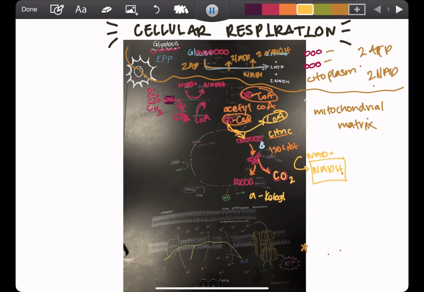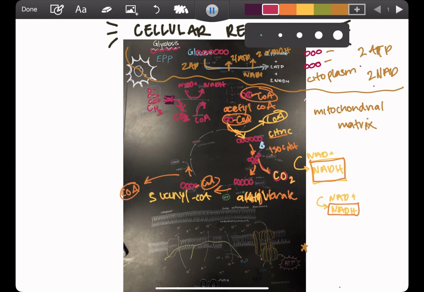Then this 5-carbon molecule gets oxidized and becomes a 4-carbon molecule. During this oxidation, it also loses 1 carbon as carbon dioxide, and NAD plus is reduced to NADH.